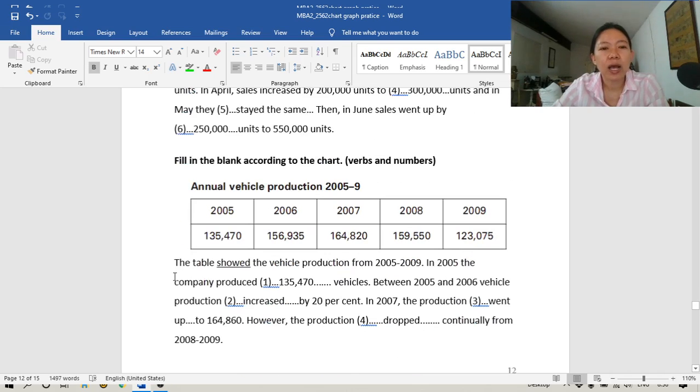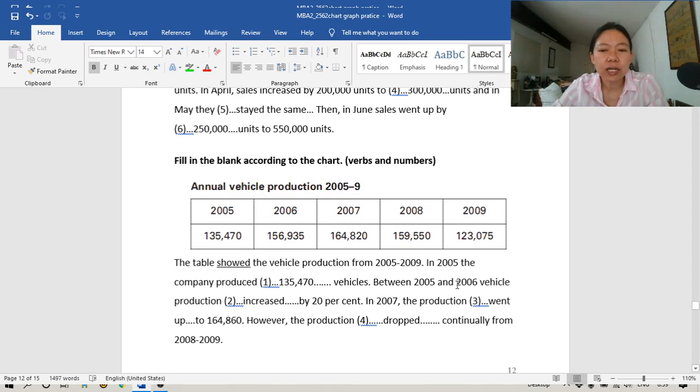And next we have the annual vehicle production from 2005 to 2009. So here, the table shows the vehicle production from 2005 to 2009. In 2005, the company produced 135,470 vehicles.